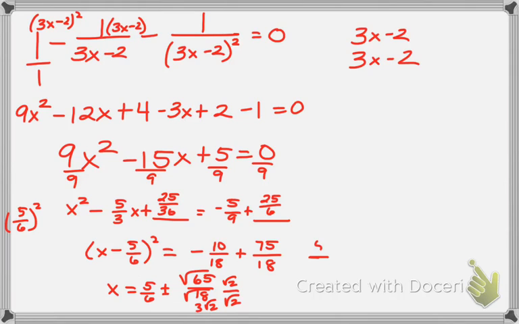What'd you guys get? 130. 5, 6, 65 times 2. I don't think I can simplify that further. I got 5 plus or minus the square root of 5 over 6. Did you guys get this?